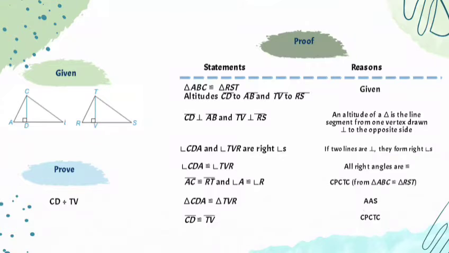The sixth statement: triangle CDA is congruent to triangle TVR. The reason is AAS. The last statement is segment CD is congruent to segment TV, and the reason is CPCTC.